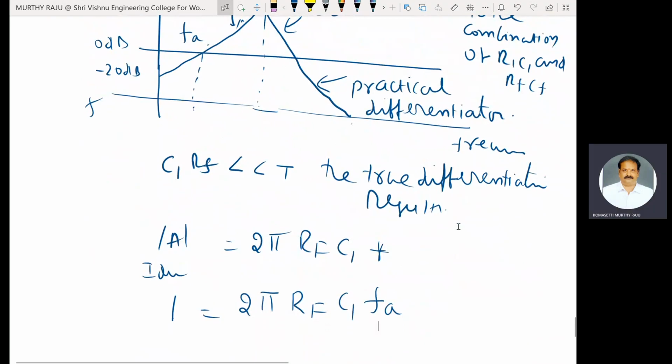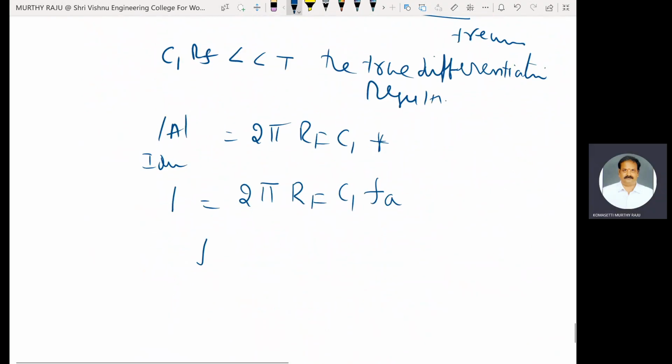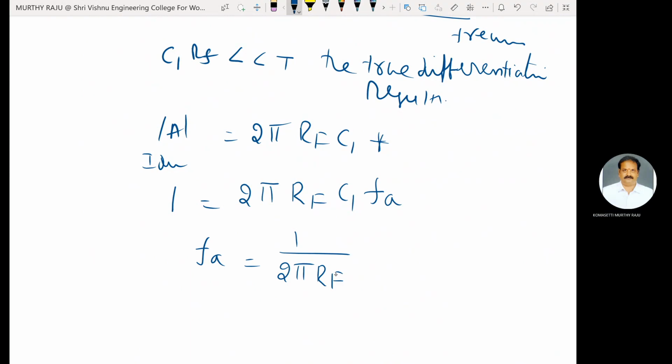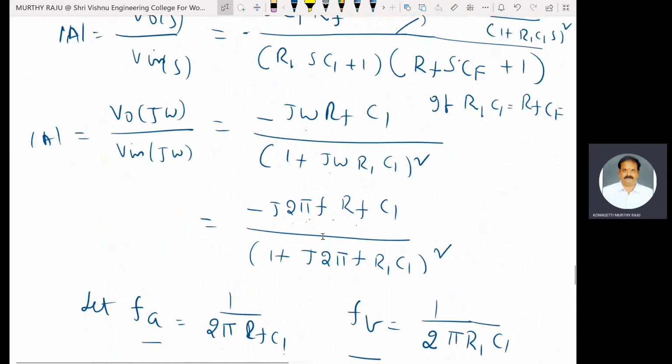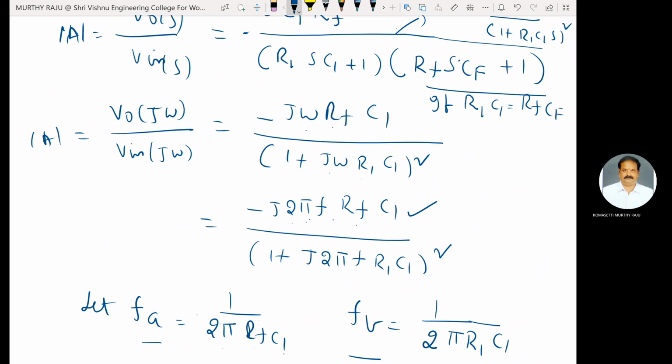Therefore, FA is equal to 1 by 2 pi RF C1. Here R1 C1 is equal to RF CF for good differentiation.